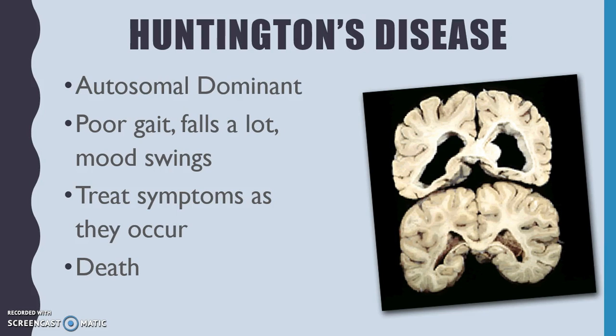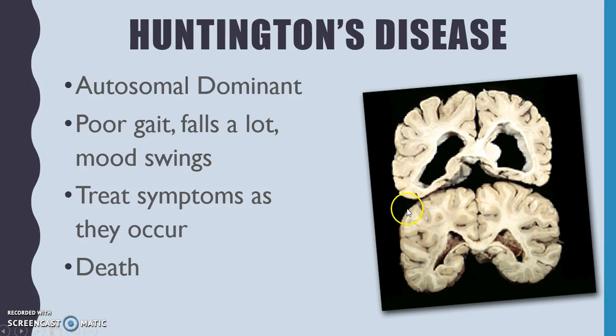If you look at the picture on the right half of the screen here, you have a cross-section of two different brains. The brain on the top is a brain suffering from Huntington's disease, and the lower brain is a normal human brain cross-section. You should notice that there are large gaping holes here that are missing in a person who does not suffer from Huntington's disease.